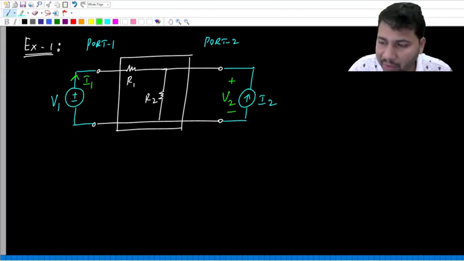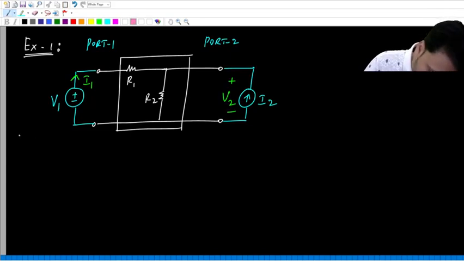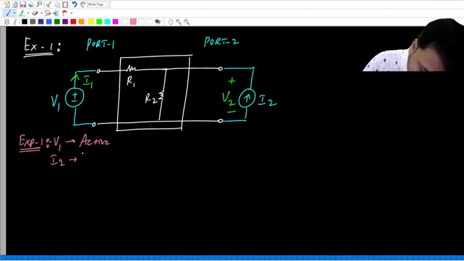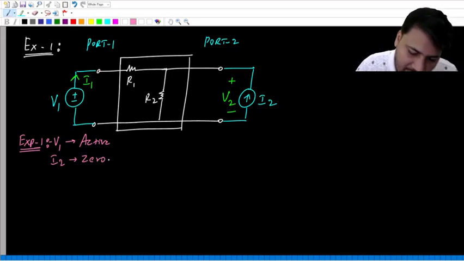Now for this original network, we need to perform 2 separate experiments. In each experiment, one source will be kept active, the other source will be made 0. So in experiment 1, the voltage source V1, let's keep it active, and the current source I2, let's make it 0.